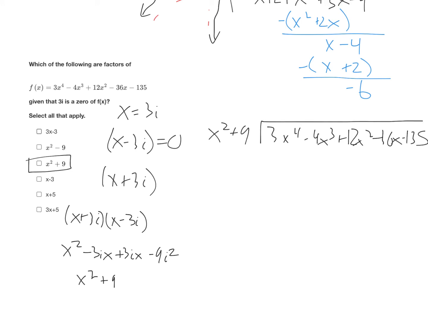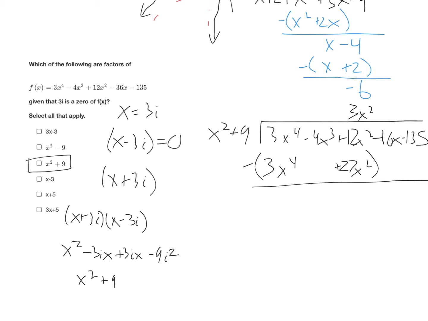Same process as we were outlining before. What do I have to multiply this by to turn it into this? And that's going to be a 3x squared. Distribute it back out: 3x to the fourth plus 27x squared.